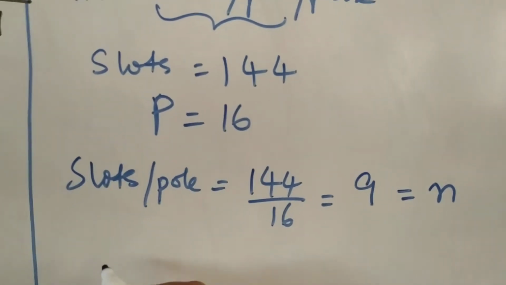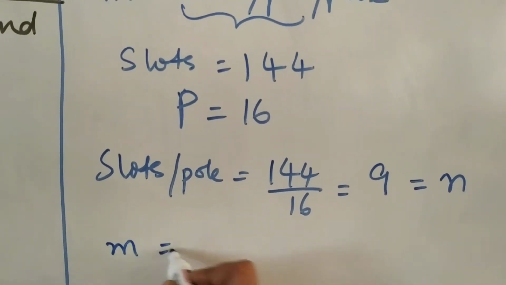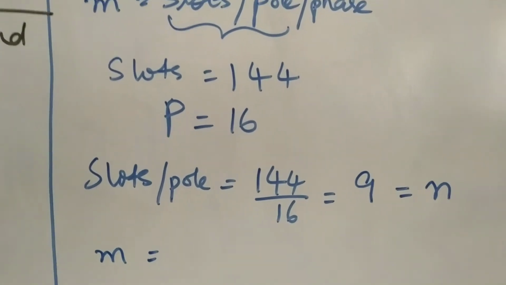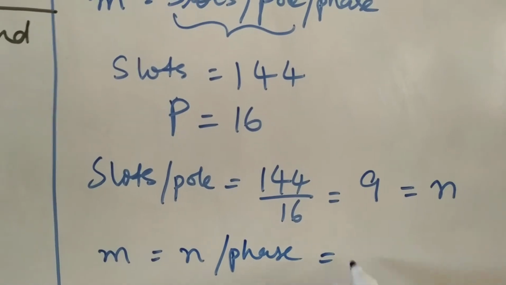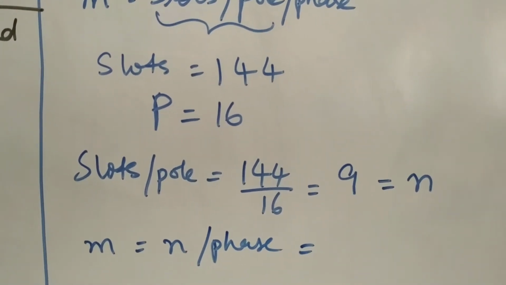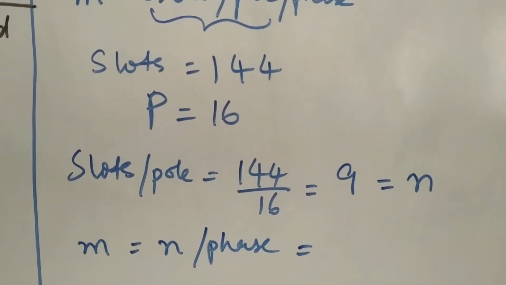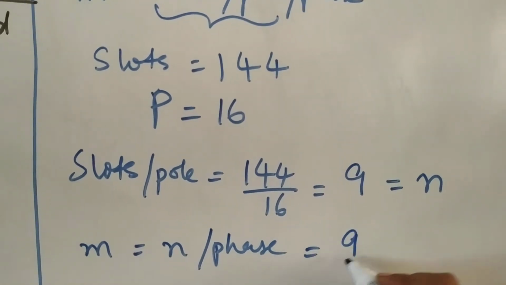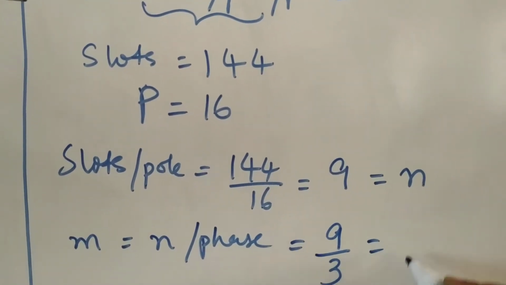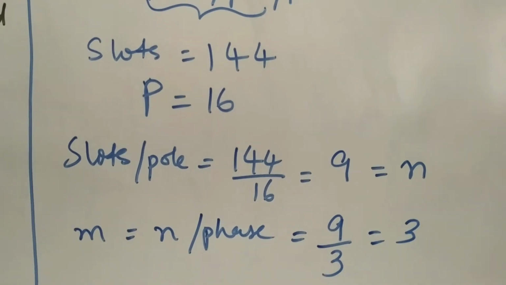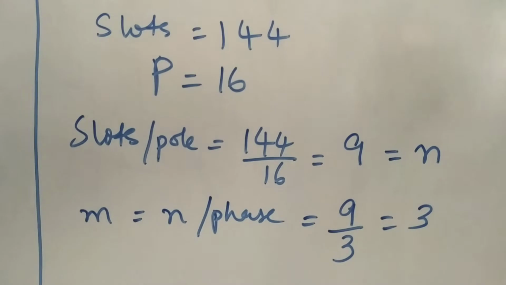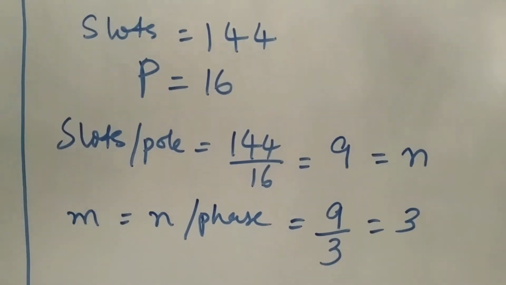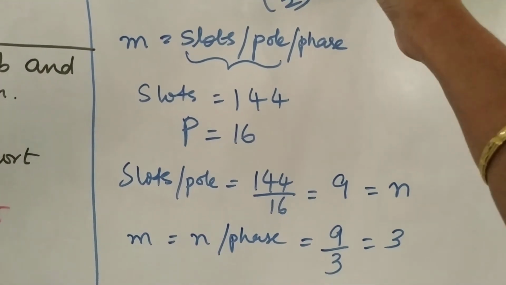Therefore, the m value is n per phase. Since this is a 3-phase alternator, n divided by the number of phases, 3, results in 3. So m is 3. We have solved the m value.